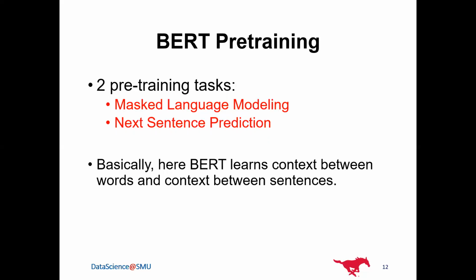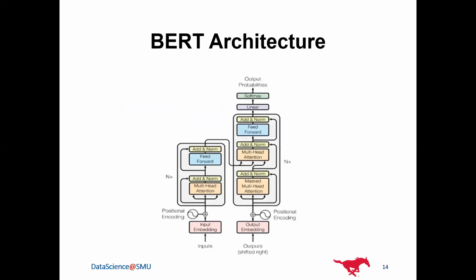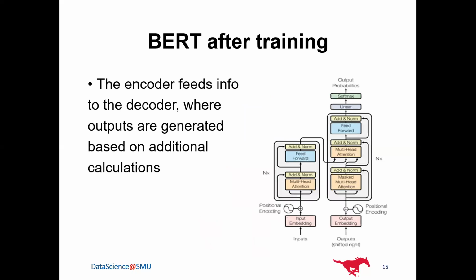The training phase of BERT consists of two tasks which help the BERT model learn word embeddings and sentence context. Basically, what the BERT model is good at is capturing context and using that context to better calculate outputs. The BERT architecture is as follows.